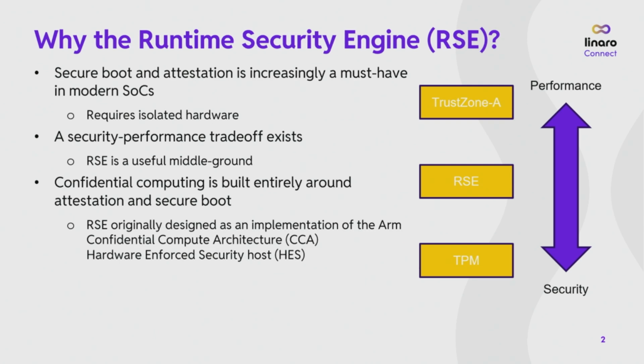TPM is not quite an ideal solution in that scenario because TPM is a very targeted solution, whereas the HES that ARM CCA defines is required to be a bit flexible, where it has to provide various services. There are performance requirements as well around crypto offloading and things like that. So that's where RSE is primarily targeted as a root of trust service.